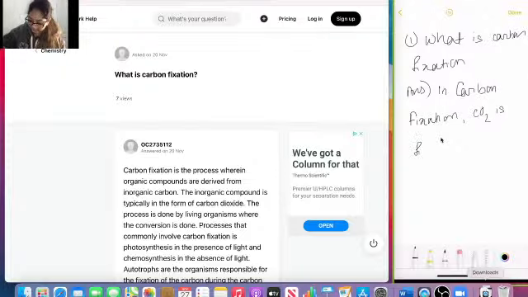Basically it's fixed and it gets broken down, from an inorganic molecule to an organic molecule.